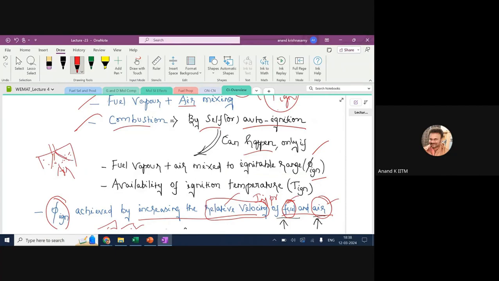What will happen because of this? From a combustion perspective, what problem will be encountered? Mixing will be even worse actually. Mixing is not going to happen. If mixing is not going to happen, what problem will be encountered? How will the combustion event proceed?